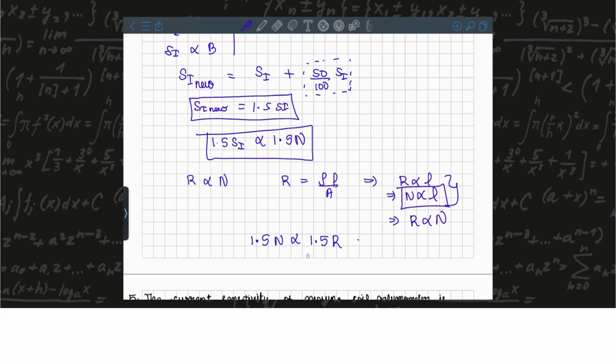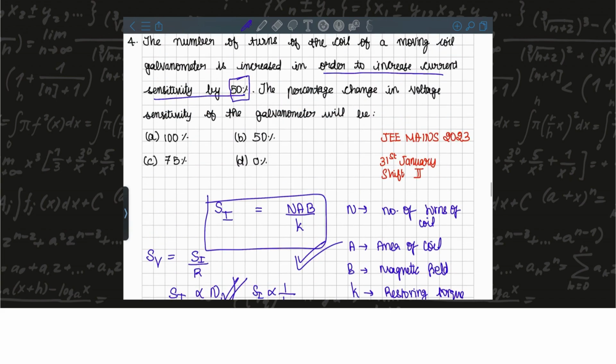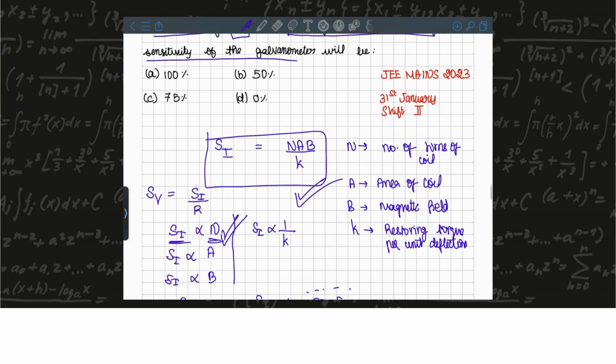So what are they now asking us to find out? They are asking us to find out the percentage change in voltage sensitivity. So the only formula that we have for voltage sensitivity is this one. SV is equal to SI by R.